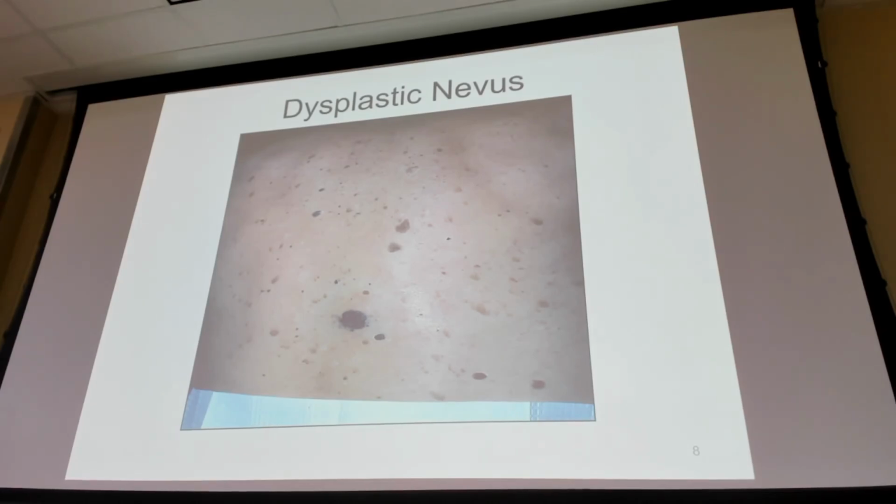You can see that big guy, that ugly duckling, right? That's there and it's jumping out, but the other things could be dysplastic nevus as well. They're just looking different.